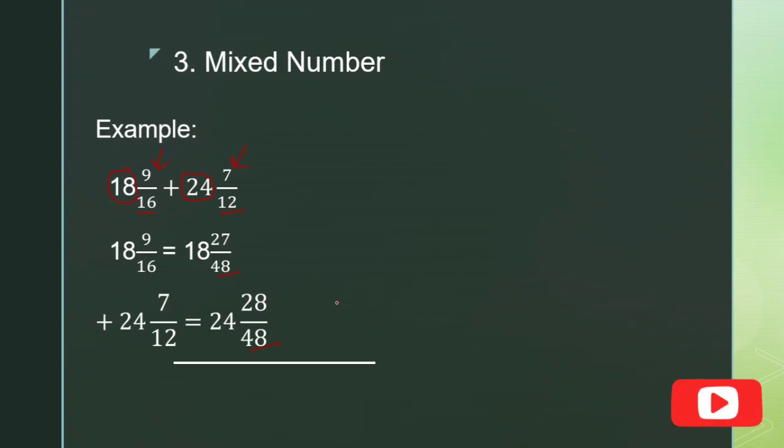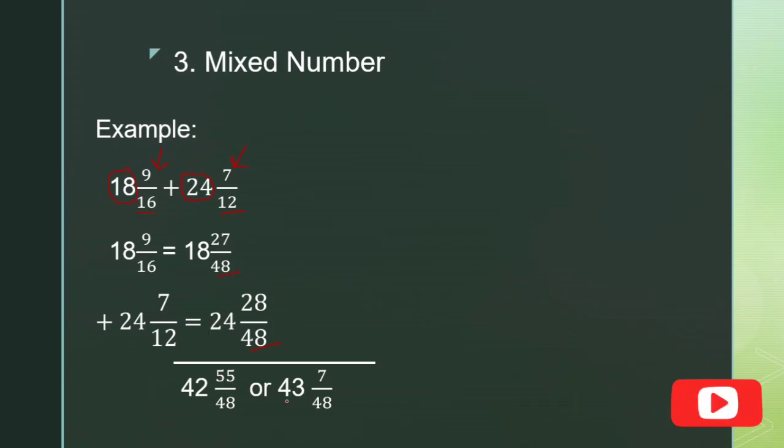Okay? So, since meron tayong bagong fractional part there, so add na tayo. 18 plus 24. Okay, and then yung part natin, 48, copy the same denominator. 27 plus 28, we have in there 42 and 55 over 48. So makikita natin nasa improper fraction. So gawin natin proper. So paano gagawin? 55 divided by 48.